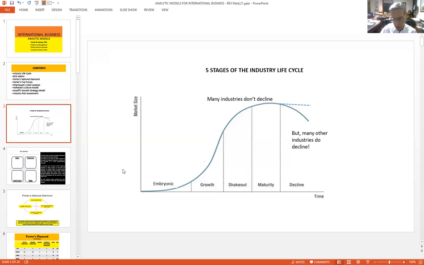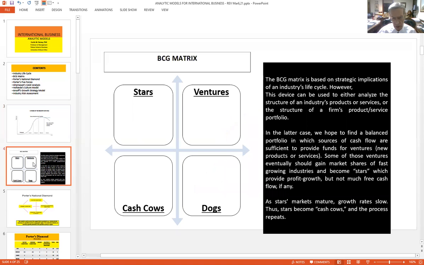So this simple little model suddenly became kind of complicated, didn't it? Nevertheless, it's very useful because we can then move into understanding just where we are with our portfolio of products and how we might want to change it.